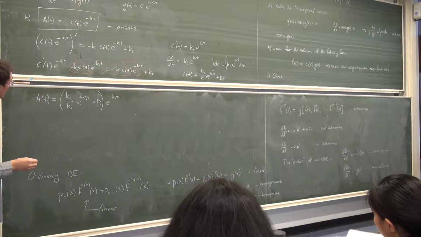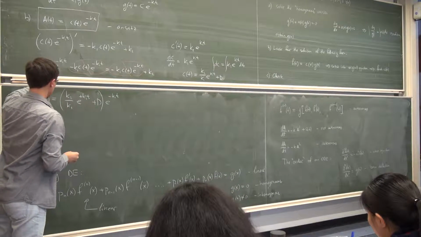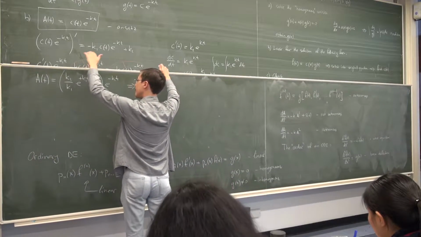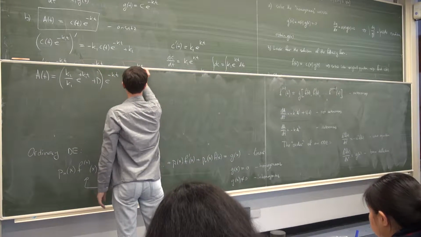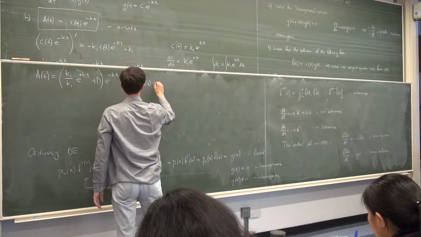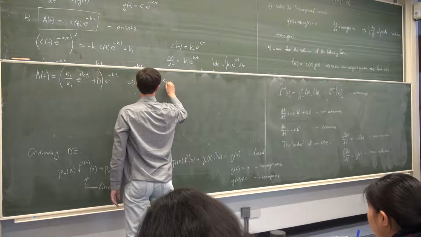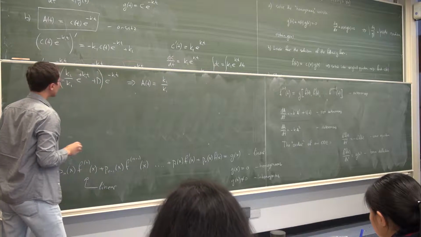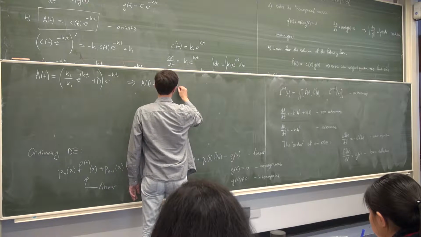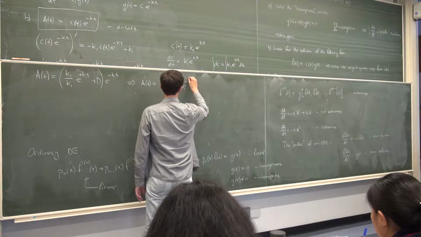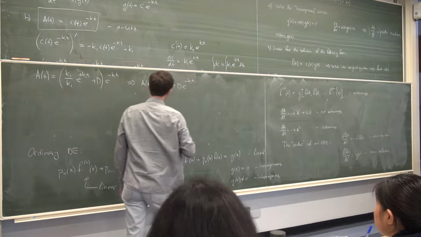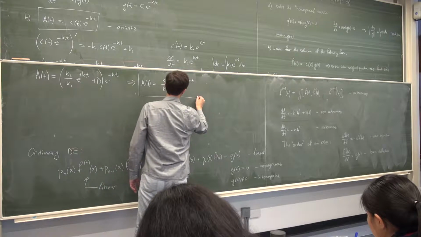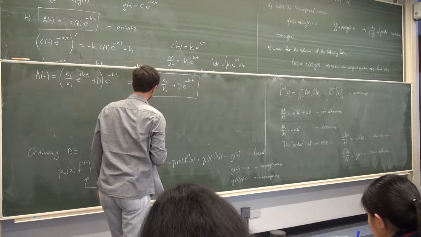We can open the brackets, and a few things will cancel themselves out. A of t will be k2 over k1. That times that cancels, plus D e^(minus k1t).